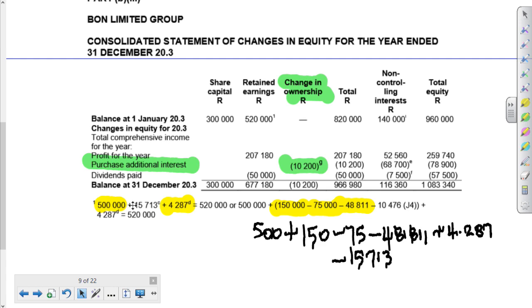Is that right? Do you agree? What does that add up to? But isn't the NCI the 40%? 40% is the 10,476. Our share is the 15,713. NCI is that. Okay.